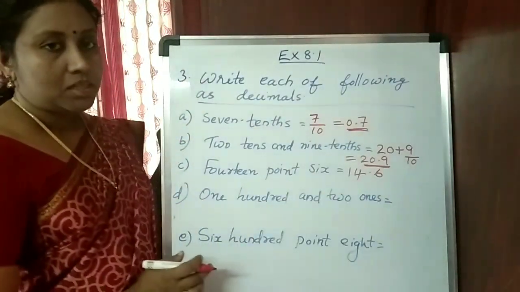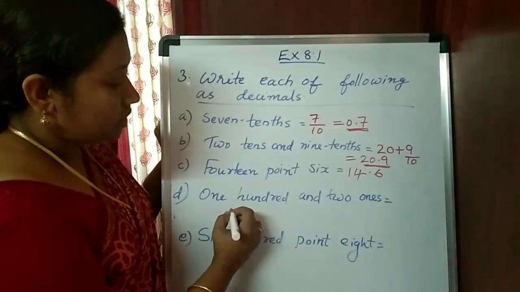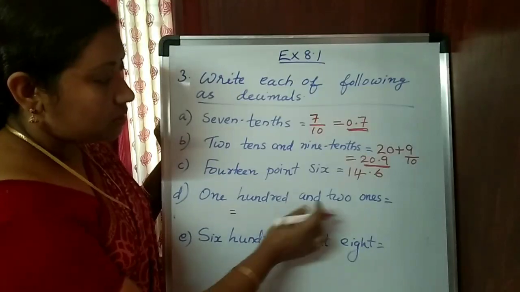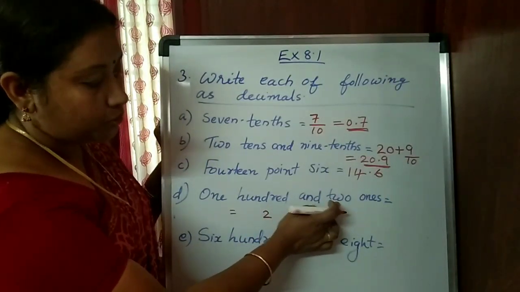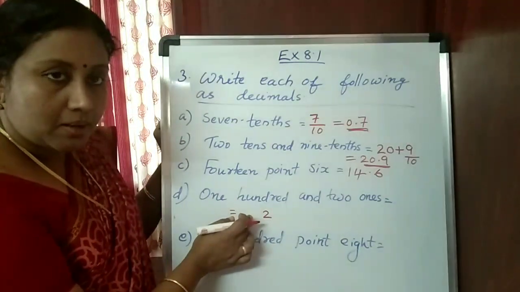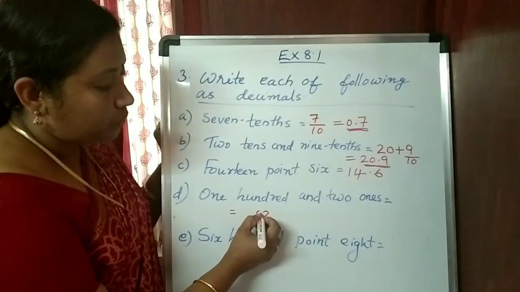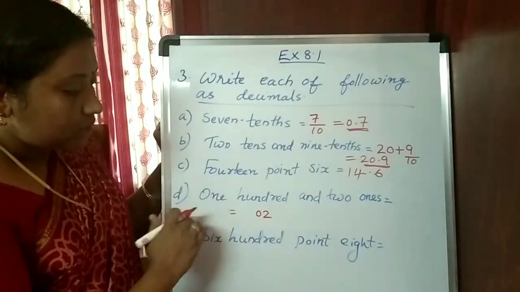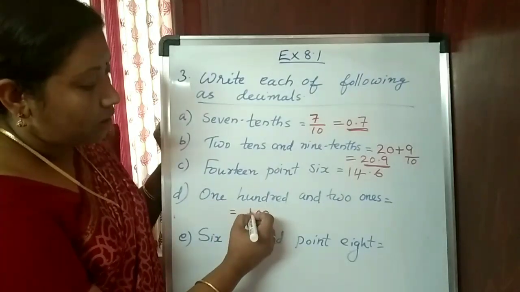Then fourth one, 102 ones. Here in the ones place the number is 2. Then which is the next place? Tens place. Here there is no tens place number, so you put 0. Then the next is the hundreds place number. How many hundreds are there? 100.